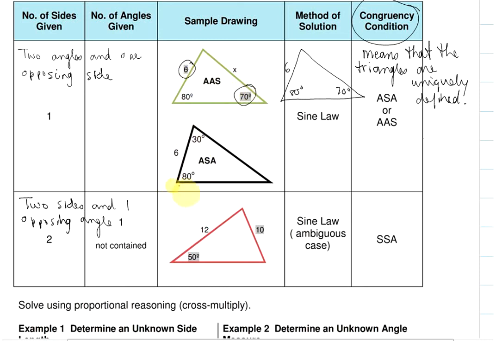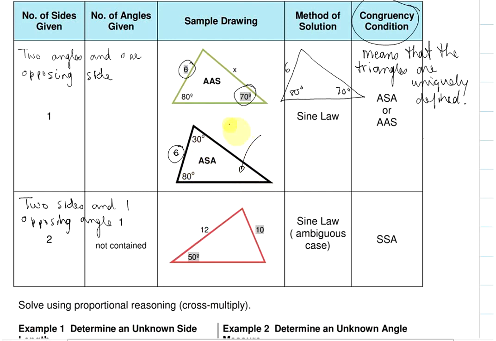Now if you take a look at the second diagram here, we have an angle, side, angle. So we have a given angle, a given side, and a given angle. And remember, it doesn't really matter which order I read it in. But on this one here, I have a side of 6, but I don't have an opposing angle. Because I already know two angles in this triangle, I can easily work this one out.